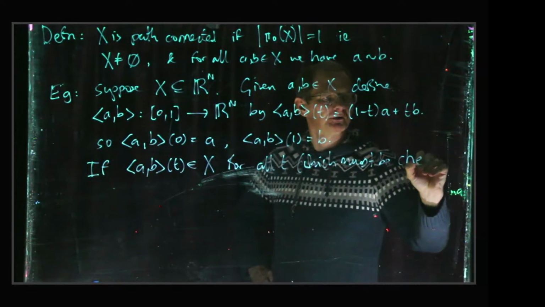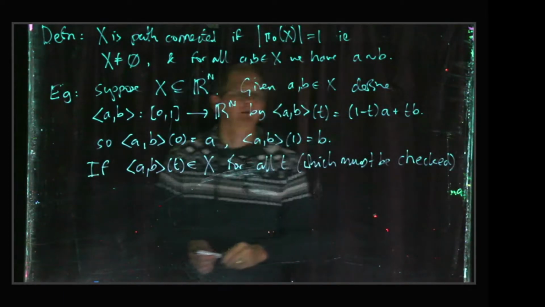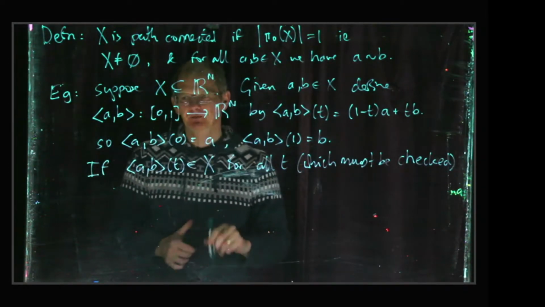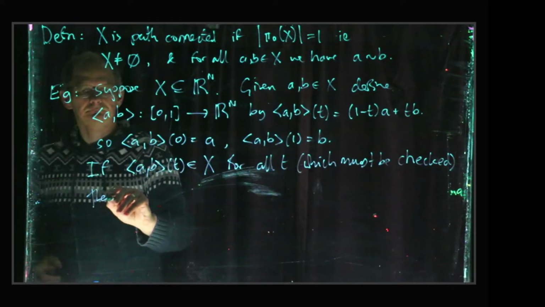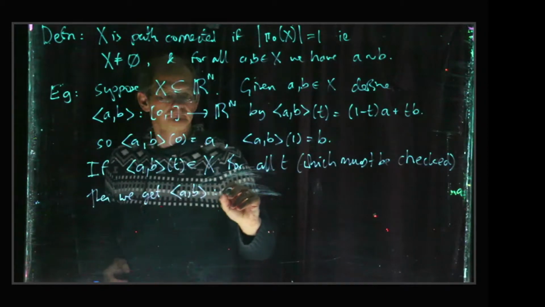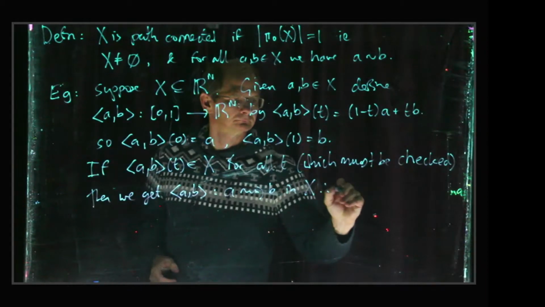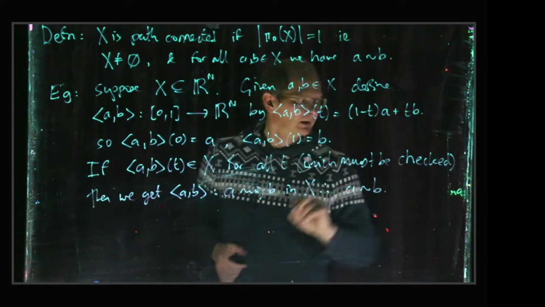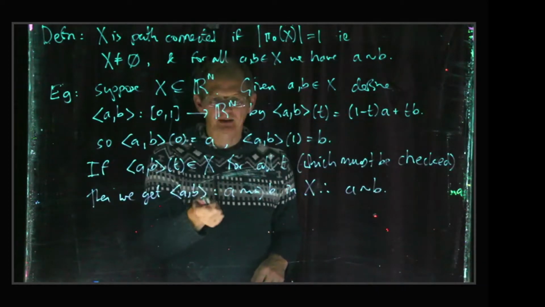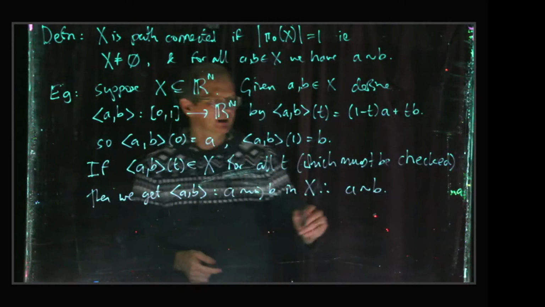Whenever trying to use this construction, you definitely must write explicitly a check that pointy bracket AB of t does actually lie in X. In this case, we can then regard this pointy bracket AB as being a path in X from A to B, and that proves that A is connected to B.